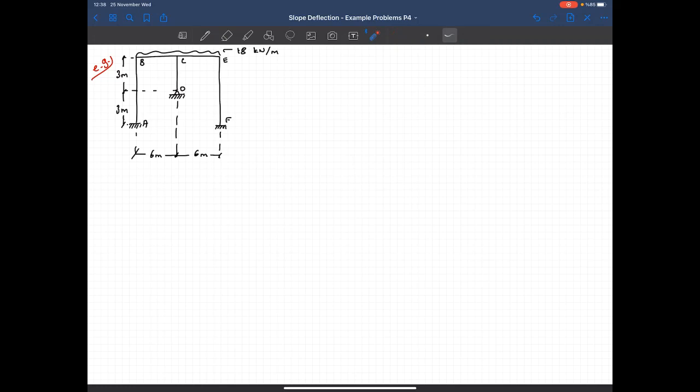Now the thing that we have to first check, as you can see, we have a symmetrical structure here. These 2 columns are identical, the beams are identical, and I have a column at the middle. I have to mention that this frame is axially rigid.